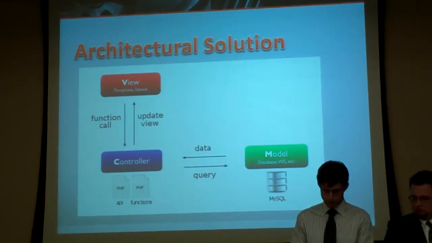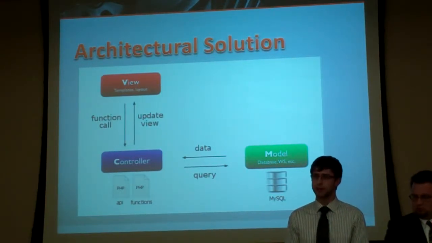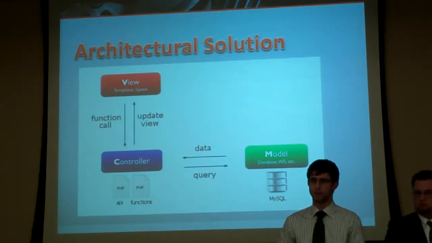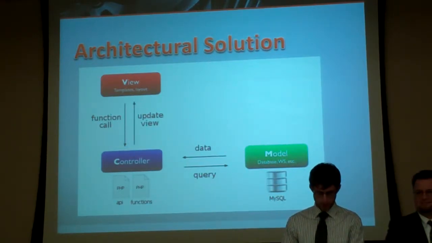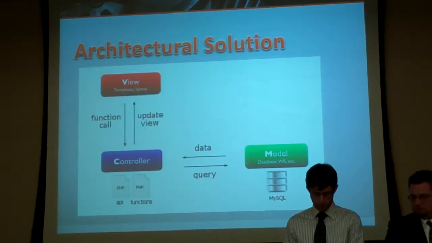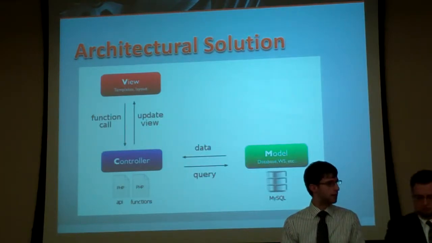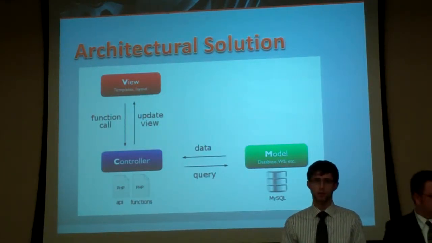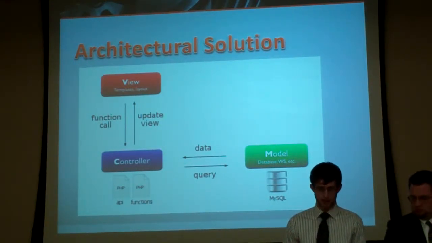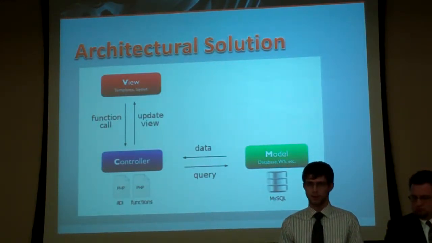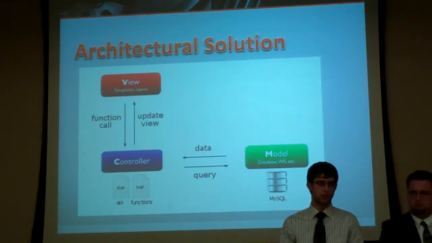As I mentioned previously, the view element consists of multiple files that the user interacts with. And these are written in PHP, and they depend on functions that are found within the controller group. The controller group consists of two files as of now. It consists of API.php, which interacts solely with the database for all database calls, and it also consists of functions.php.